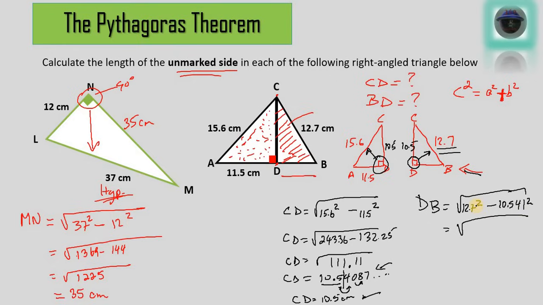So that gives me 50.177, to 3 decimal places. I want to find the square root of that. Now I just leave this answer in my calculator. I didn't round it off to 3 decimal places. I just leave the full answer that I got from this in my calculator, and then I press square root and press the answer key.